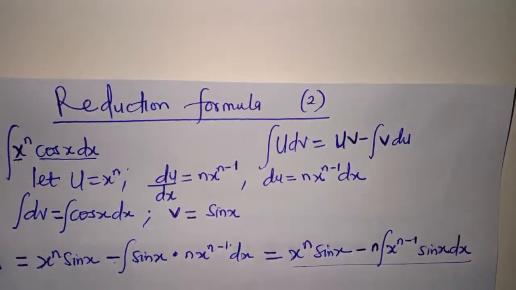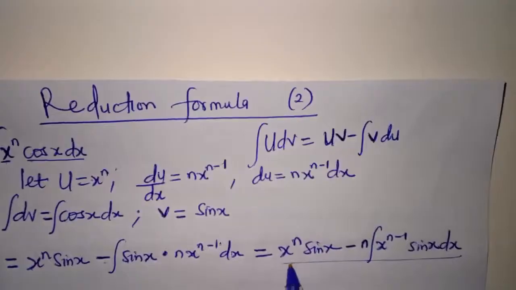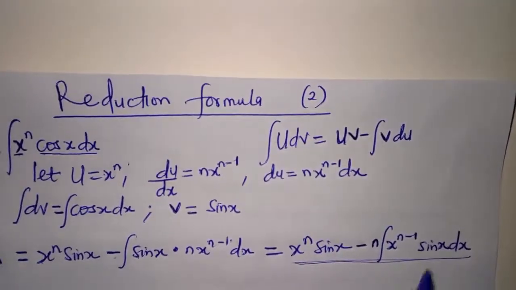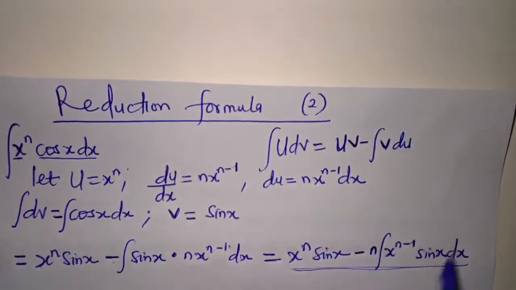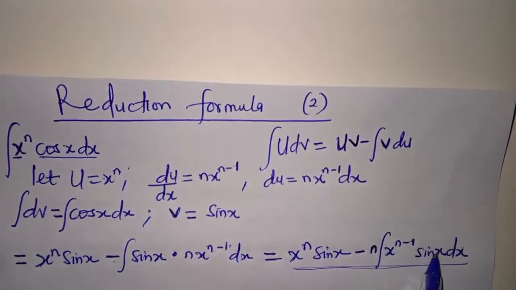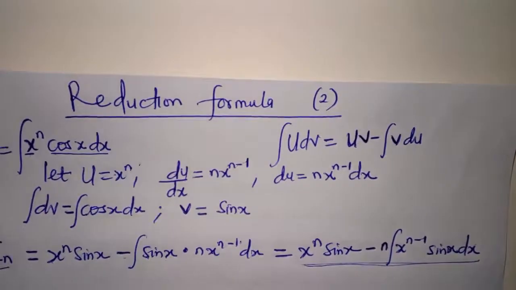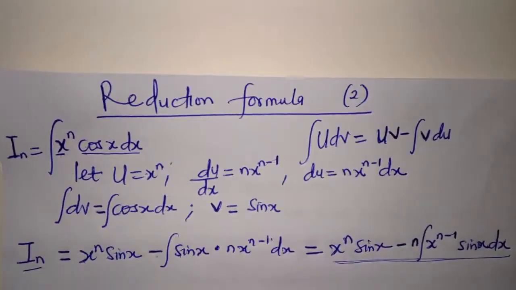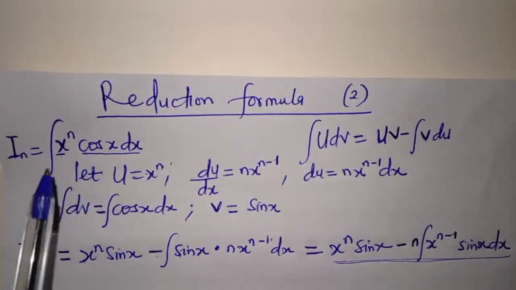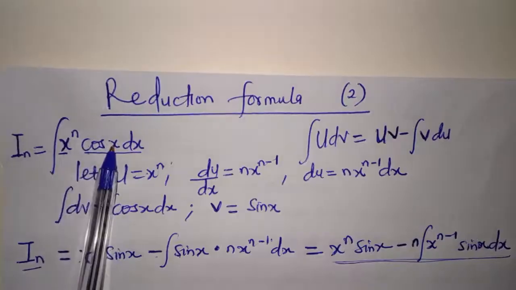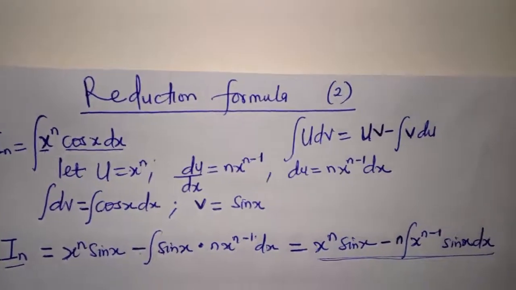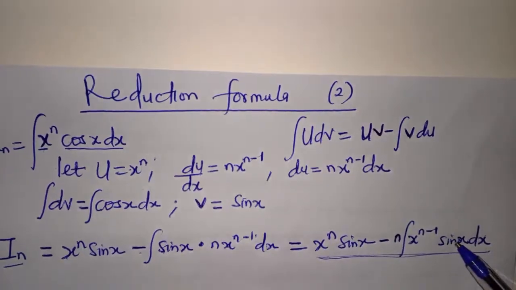Now, if you look at this right hand side, this integral here contains sine x. The original integral we are integrating contains cos x. So I want to perform one more integration so that the integral will now contain cosine instead of sine. You get it? It contains sine, I don't need it.